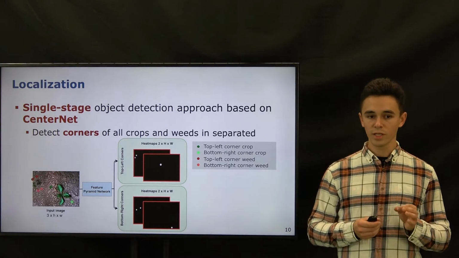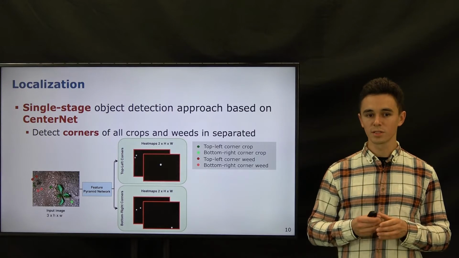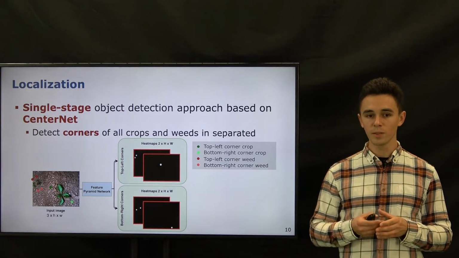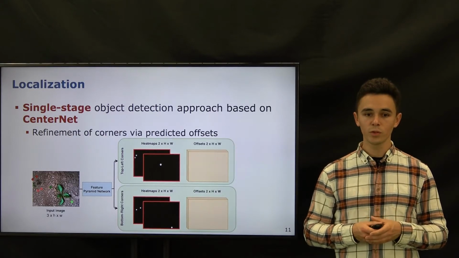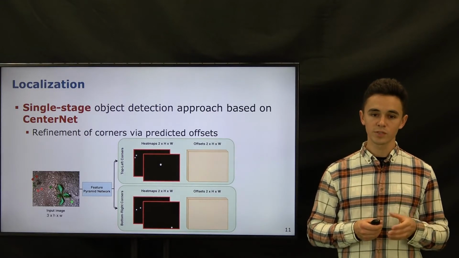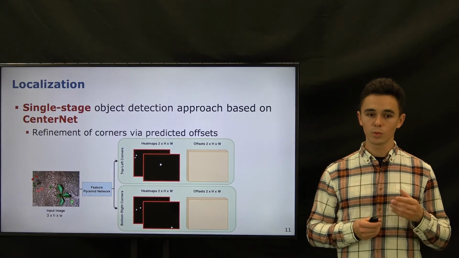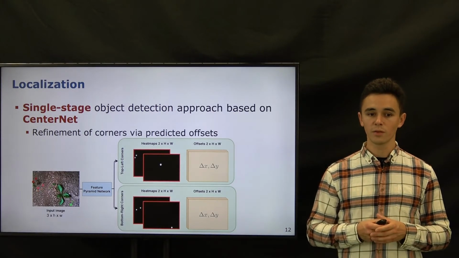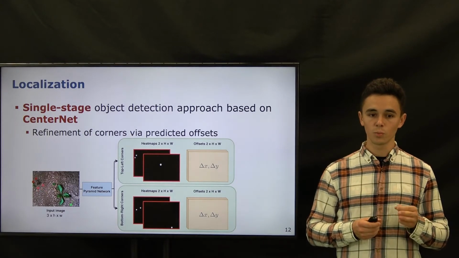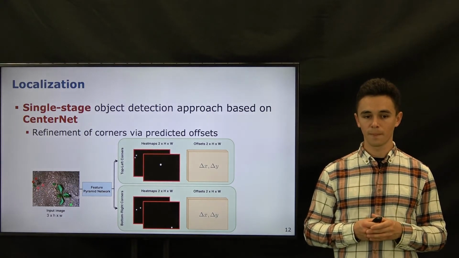However, these locations are rather coarse, since the resolution of the heat maps is lower than the input image. Therefore, we additionally add offsets in X and Y direction, which we apply to these corner locations and refine their locations to compute more tight bounding boxes.